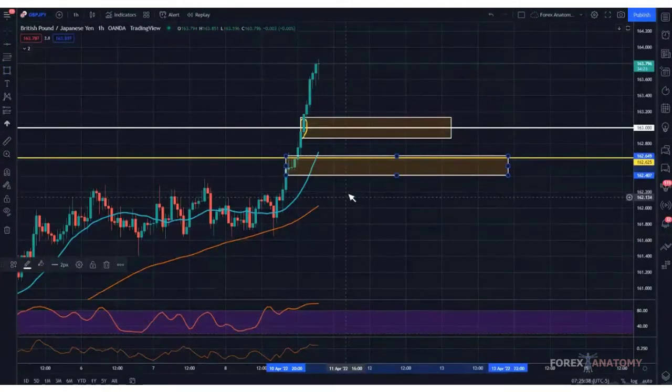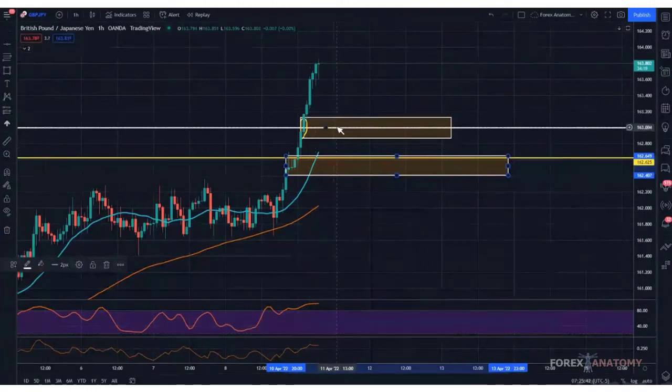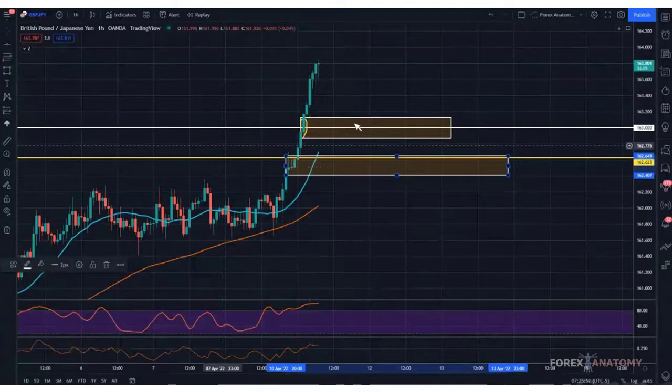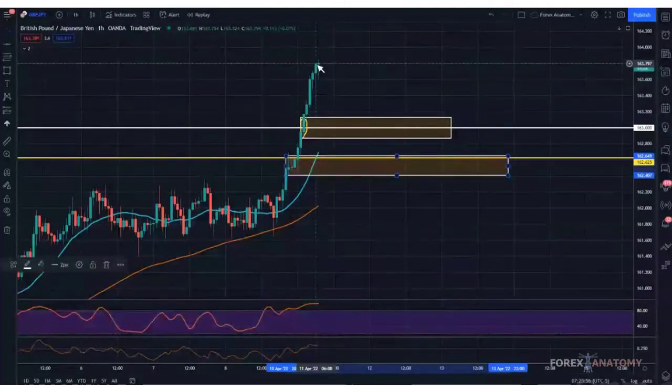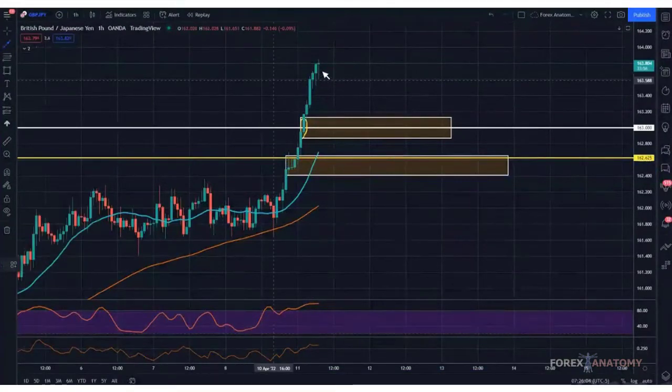Remember, on trend continuation moves, sometimes the first level that you look for your buy at may not be the level, so you have to wait until price gets to another level. And we may find the buyers come in right around here as well. But I do believe, based on momentum and the strength of this impulse move to the upside, this first zone should be an area where we expect price to go down to and respond to.